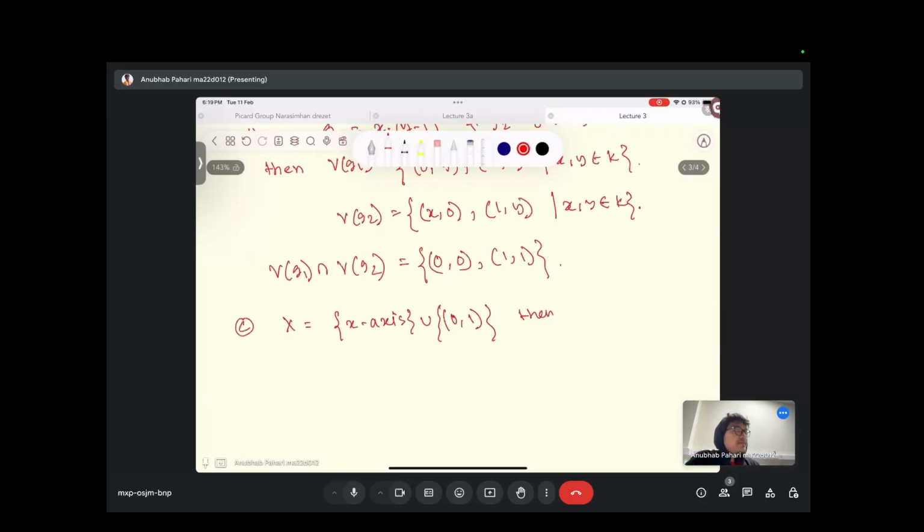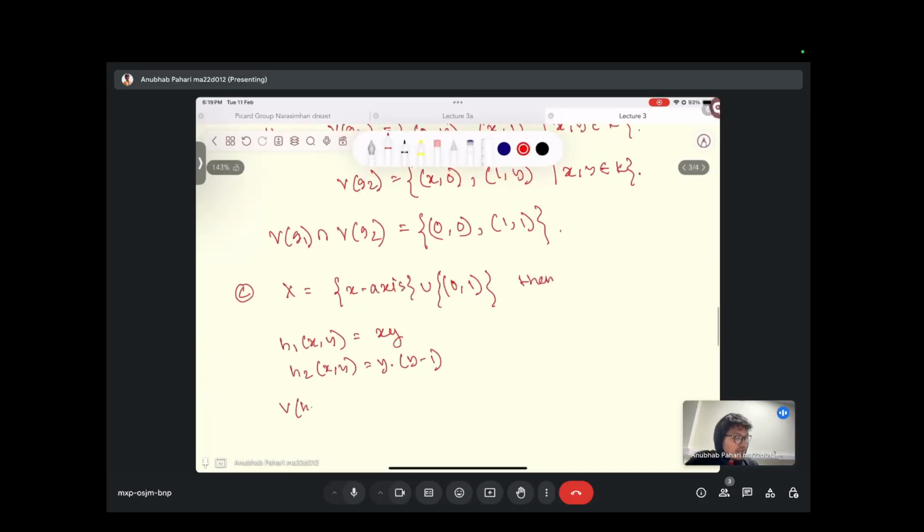Take h1(x, y) equals xy and h2(x, y) equals y(y minus 1).